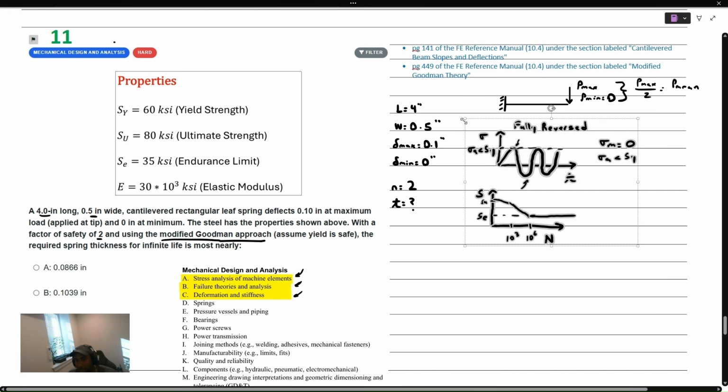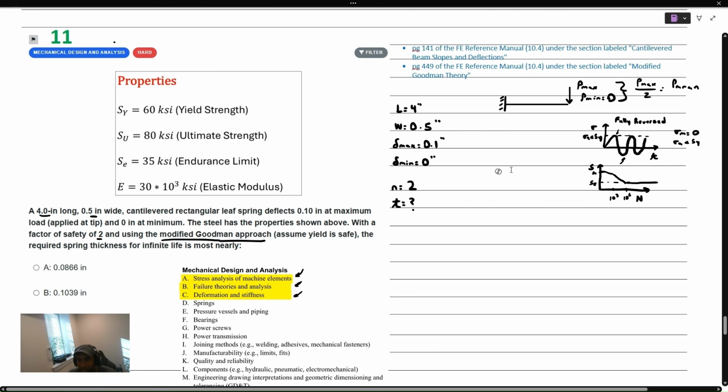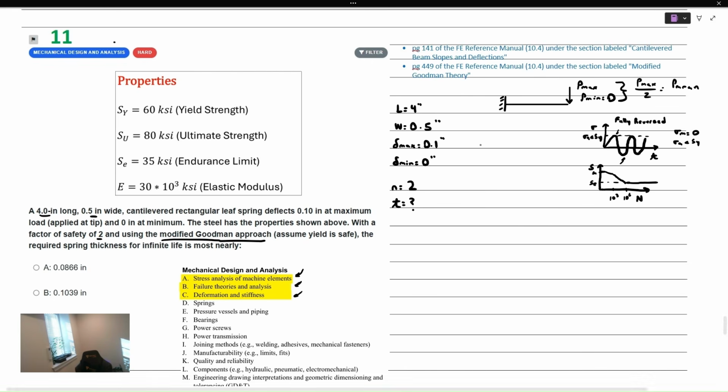It takes into account both the effects of mean stress as well as alternating stress. And if we plot how the failure line looks for the modified Goodman approach, we plot the alternating stress and mean stress, and the original Goodman line, not the modified Goodman line, considers what would happen if you have a zero valued mean stress.